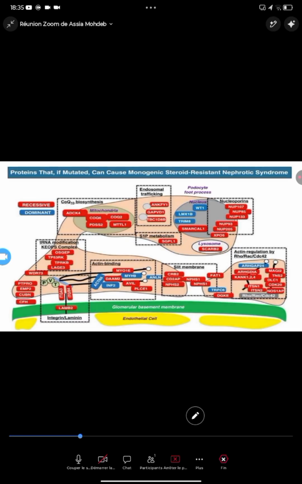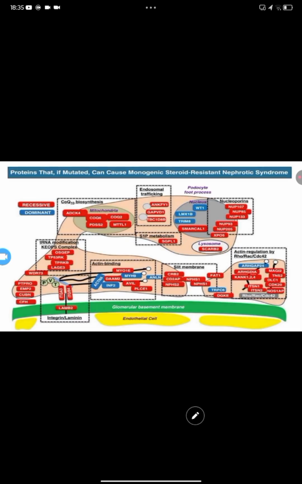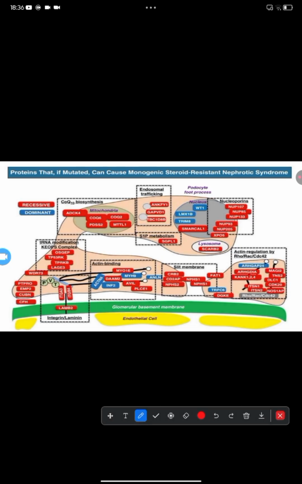And then we move to the podocyte's actin cytoskeleton, which forms the structural framework of the foot processes. First, we begin with the actin-binding genes. The recessive genes are MYO1E, ADAMTS, ANLN, and PLCE1.